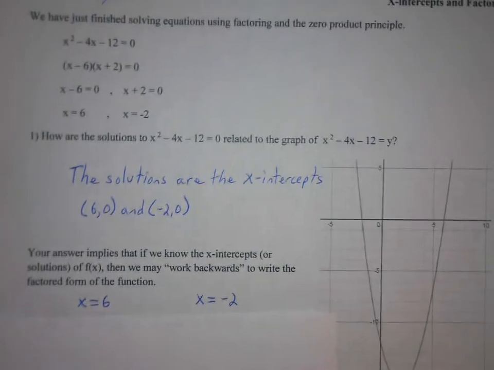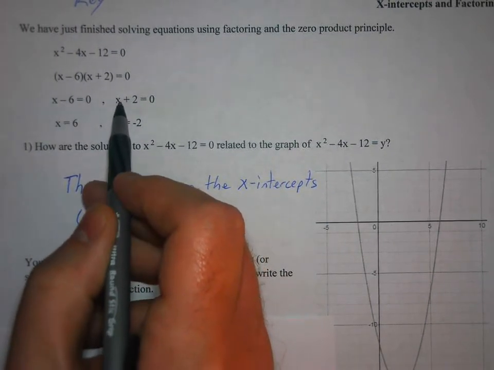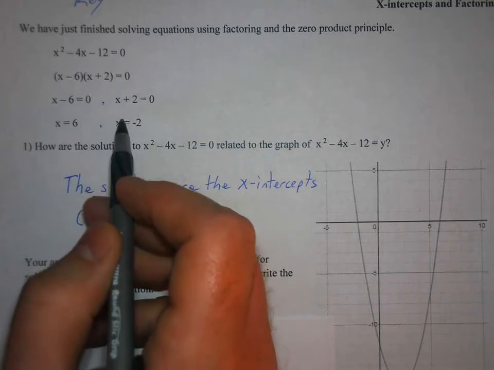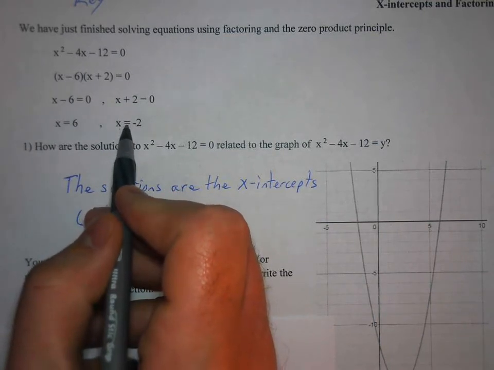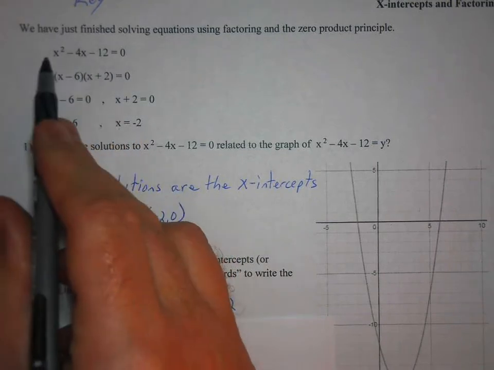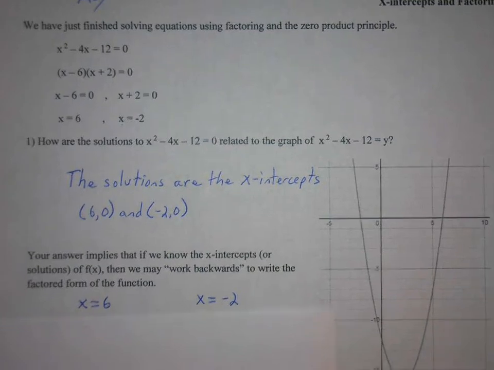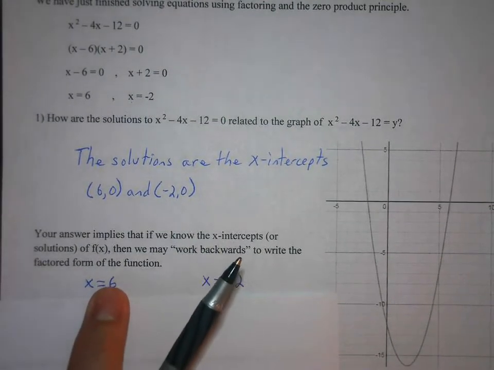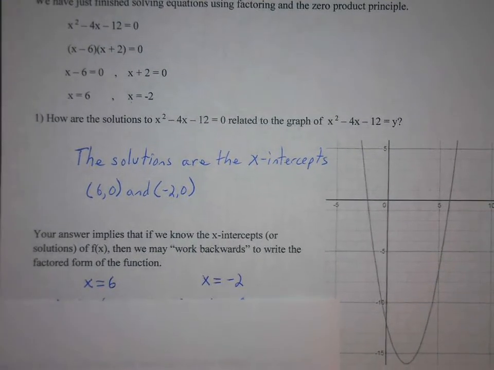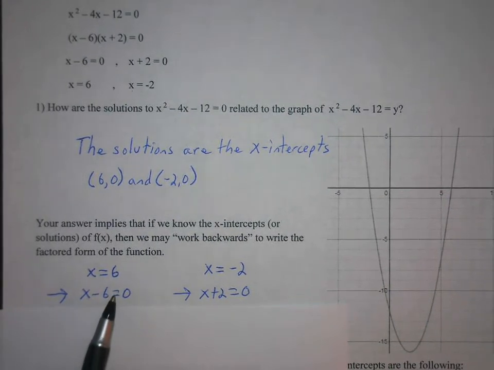Think about going backwards from here up to the previous step. The goal is, if we start here and work our way backwards step by step, we can end up with the original equation. If we know x equals 6 is an x-intercept, or a solution when the equation equals 0, we know that x minus 6 equals 0 was the previous step.